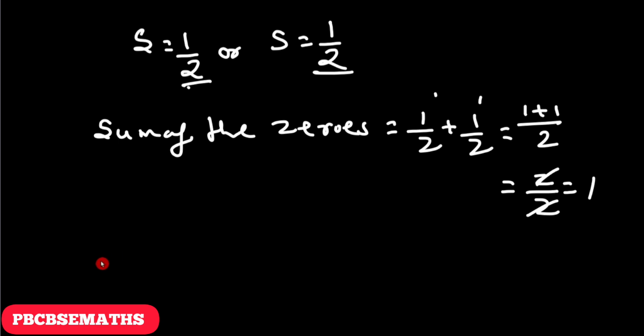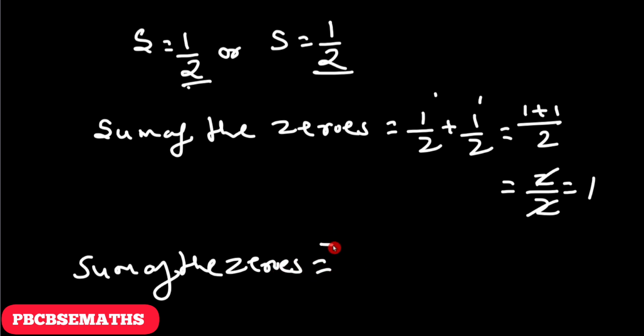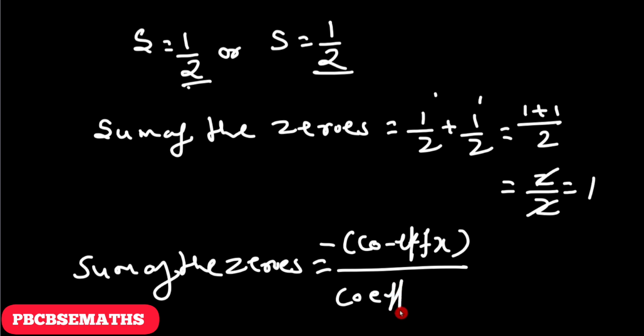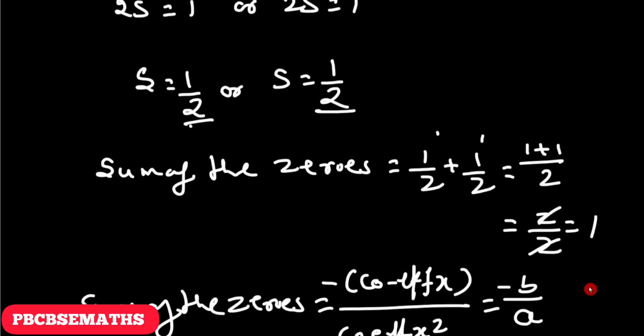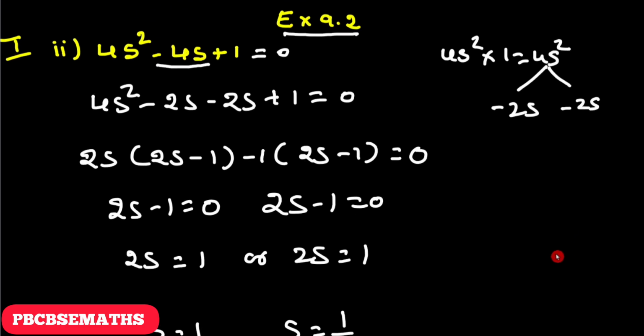We also know that the sum of the zeros is always equal to negative of coefficient of x divided by coefficient of x squared, that is minus b by a. So let's substitute the values of b and a.